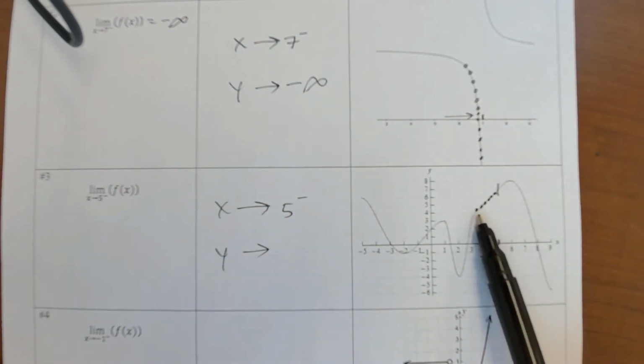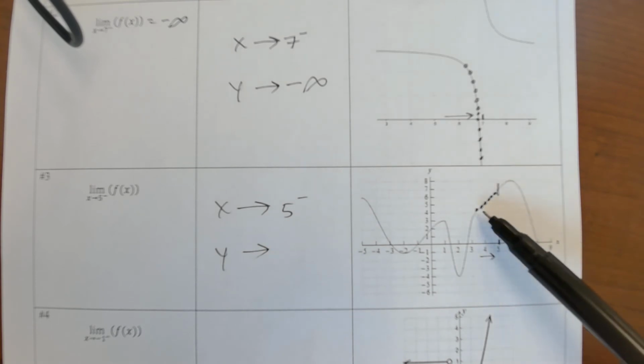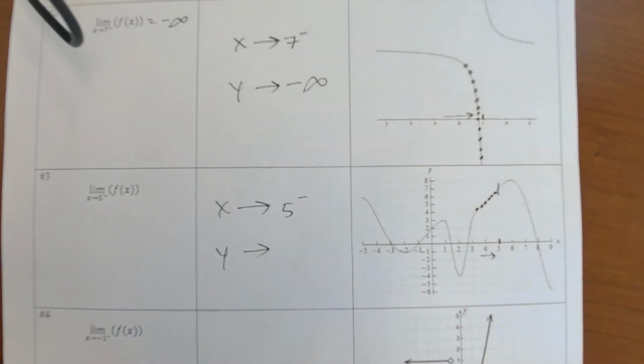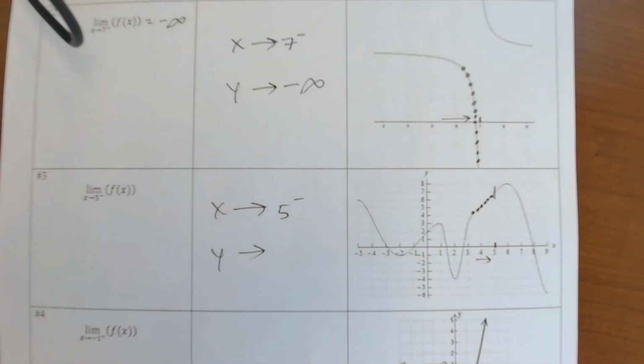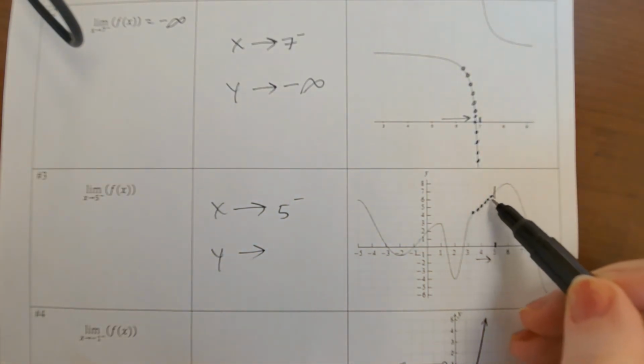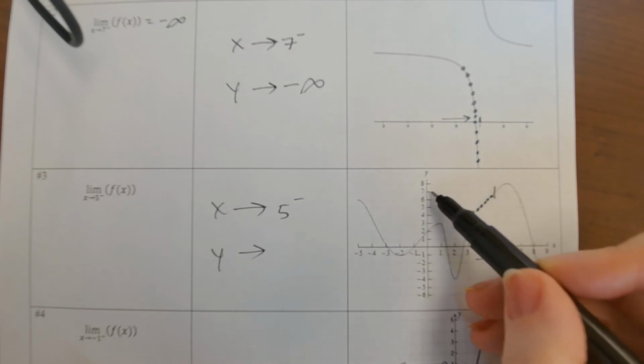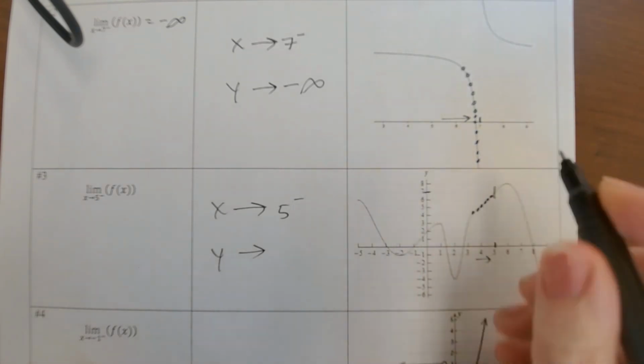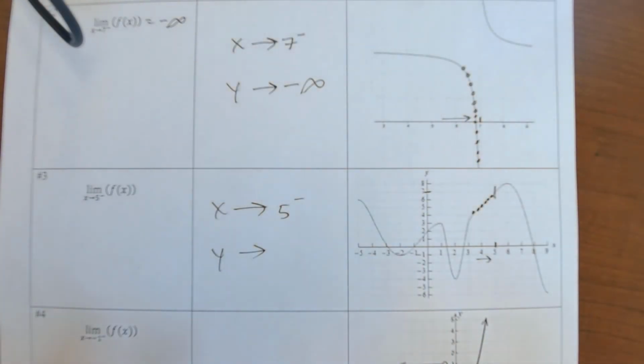So what are the y values as I get closer and closer to 5 as an x value? The corresponding y values are getting closer and closer to 7.